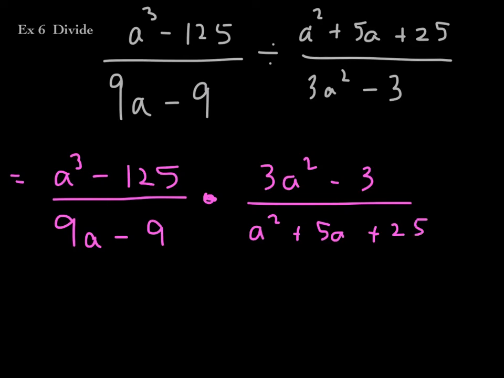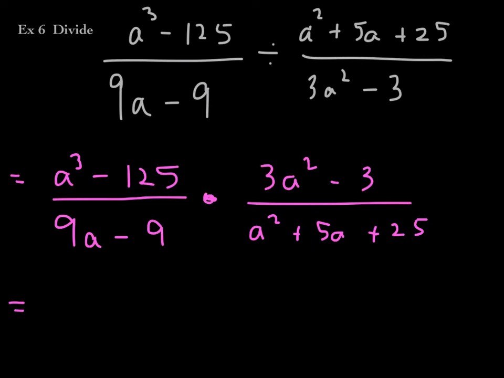That's KCF. Now you can see, oh, division just turns into multiplication. And I already know how to multiply, right? We talked about it in the previous example. So now we will factor every polynomial, cross cancel, and then we're done.